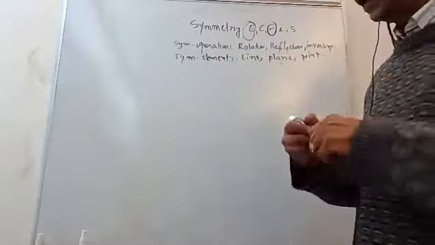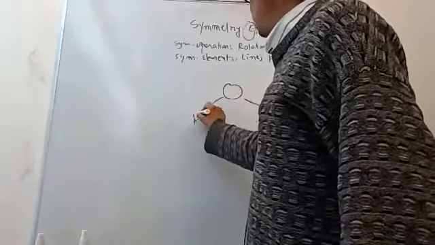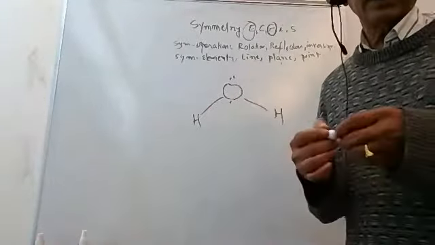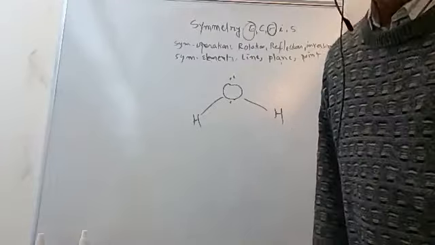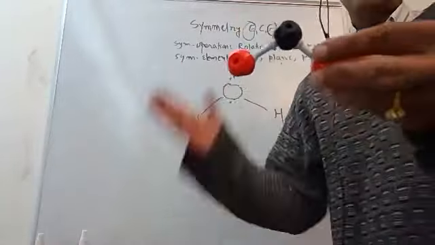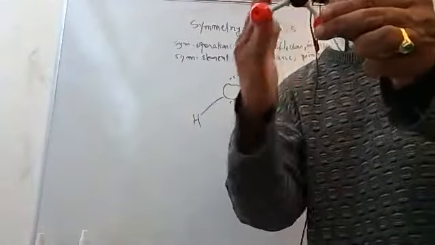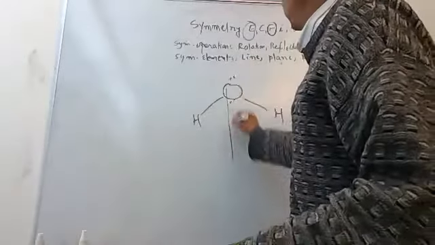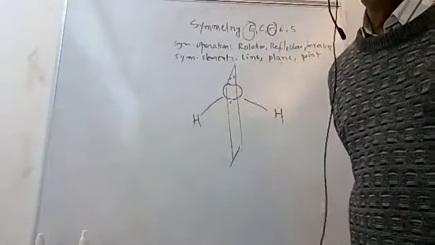Let me give you some examples. Let's say we start with a simple example of water. The reason I start with simple examples is something that you can relate yourself to, because you've seen this. This is your water. Now, if I were to cut a plane that bisects the HOH bond, that plane contains only the oxygen atom.